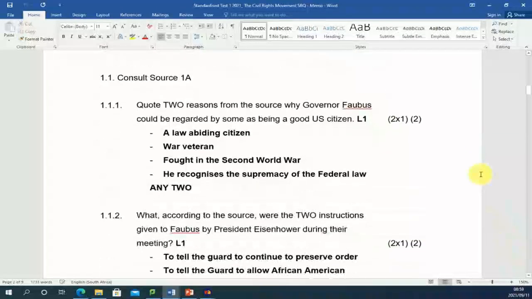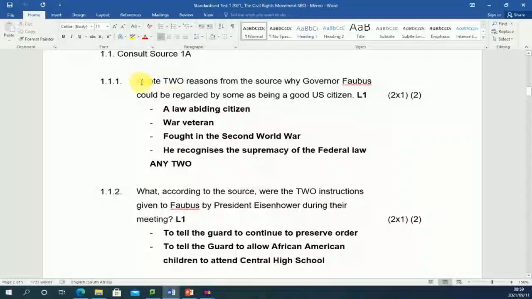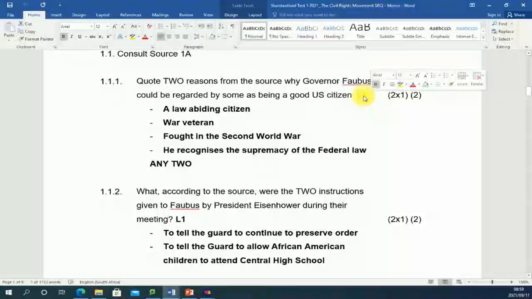Okay, so consulting source 1A, quote 2 reasons from the source why Governor Faubus could be regarded by some as being good U.S. citizens. And again, we note that this is a level 1 question, and we see it reflected then in the mark allocation. So in this case, we're looking for 2 pieces of information, okay? That's just extracted from the source.